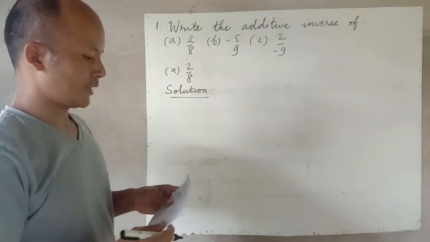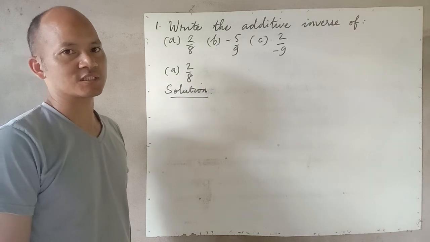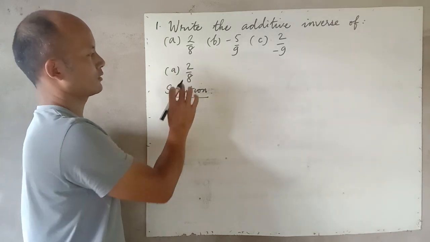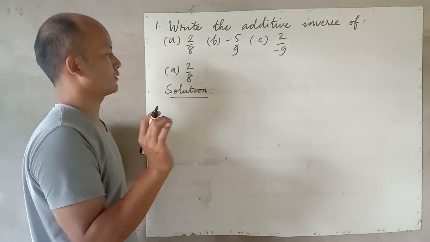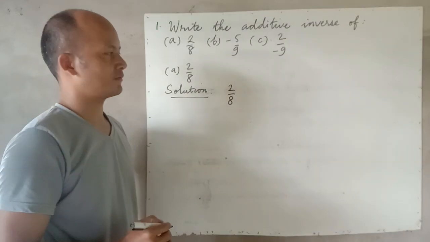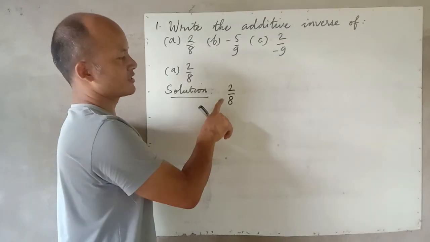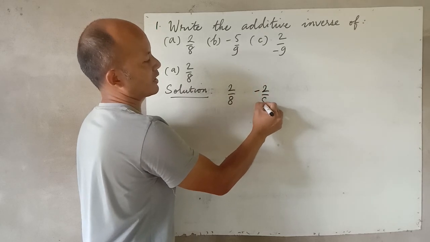Alright, when you say additive inverse, it means negative of that number, the opposite of that number. Now 2 by 8 is the number we have, and the opposite of this number will be -2 by 8.